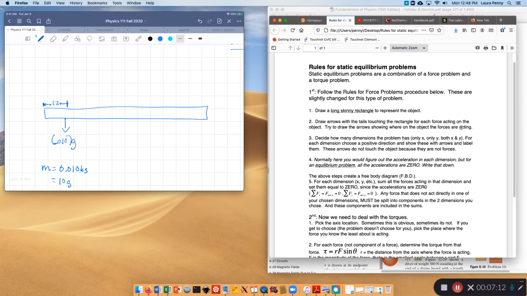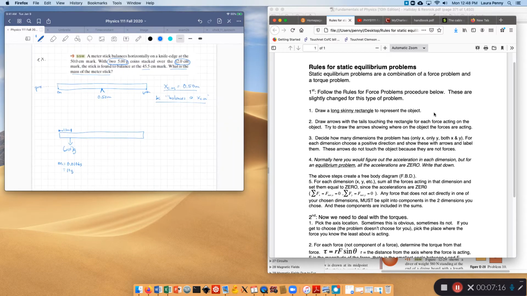Then there's also, it tells me, I just blew it up so we can't see it. It says that when I do that, I can balance it at 45.5 centimeters. So that means over a little bit. So now I have the balance here. I have something I'm holding up at this location.